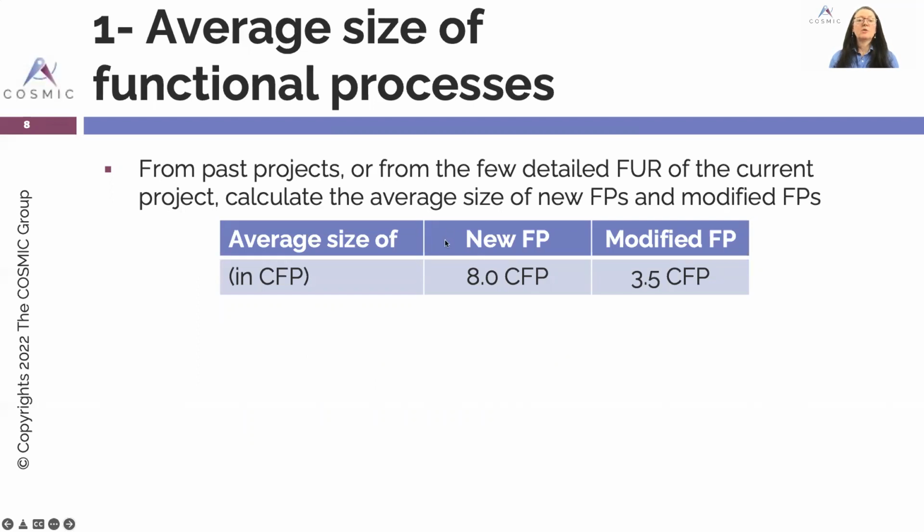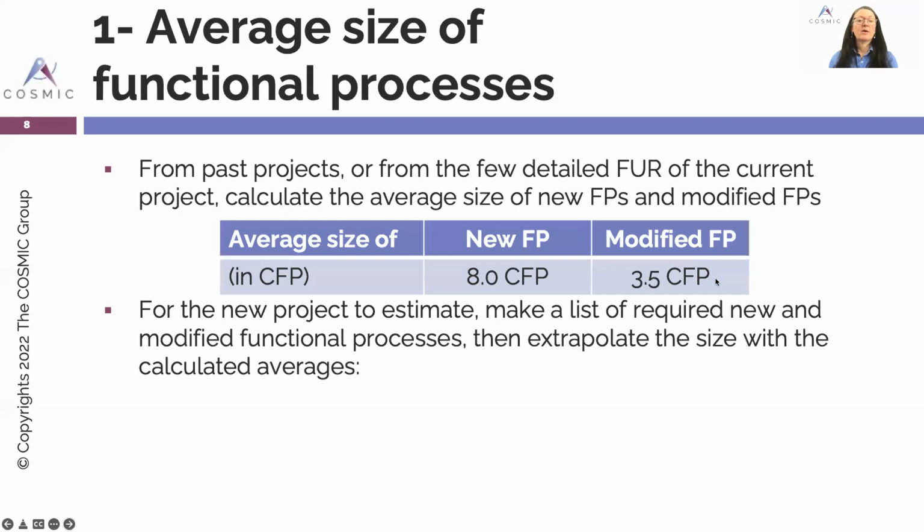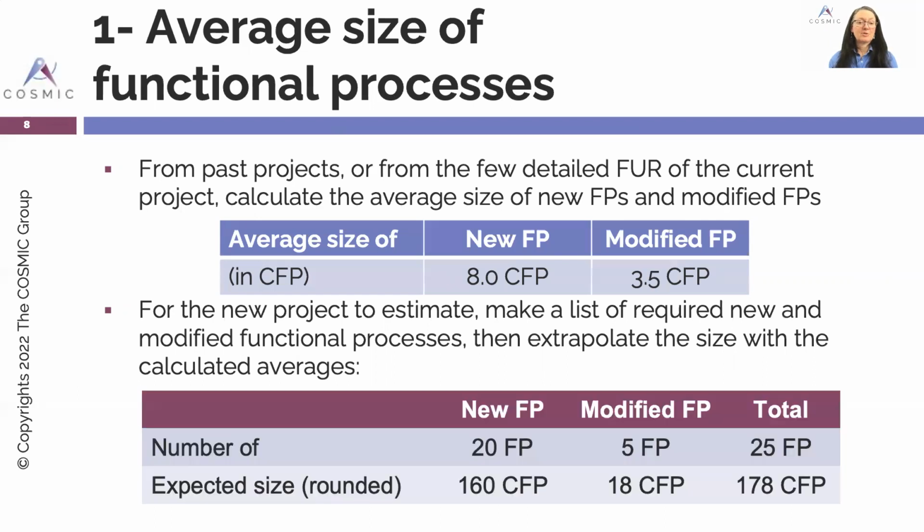So suppose that a new functional process is 8 COSMIC function points and a modified functional process is 3.5 COSMIC function points. For the new project to estimate, make a list of the required new and modified functional processes, then extrapolate the size with the calculated averages.